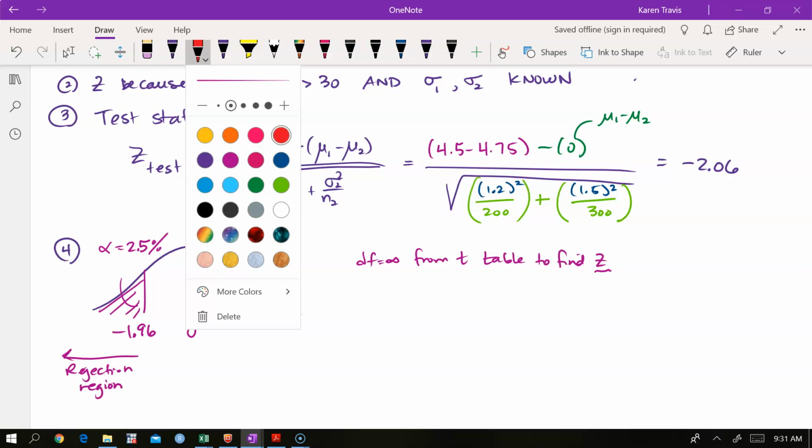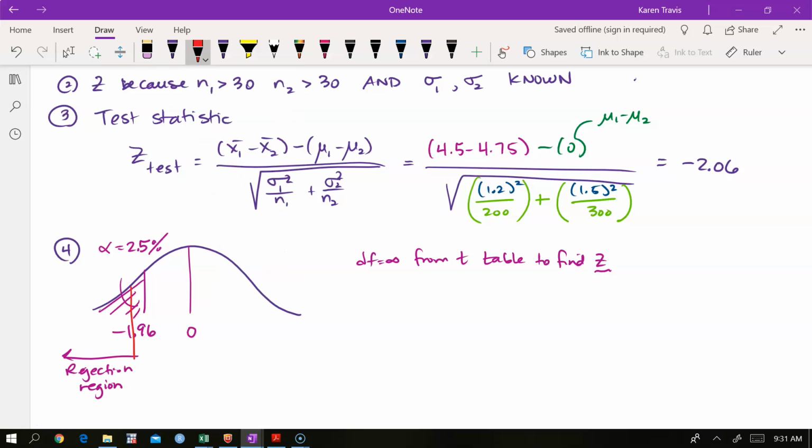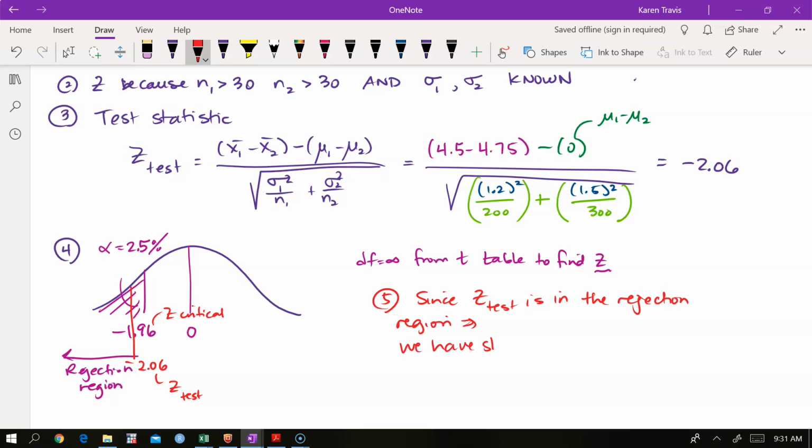Okay, so in order to evaluate it, we put in our z-test. This one was z-critical. And we conclude, since z-test is in the rejection region, we say we have shown, what we're showing is the alternative hypothesis. We could also add here, reject the null.